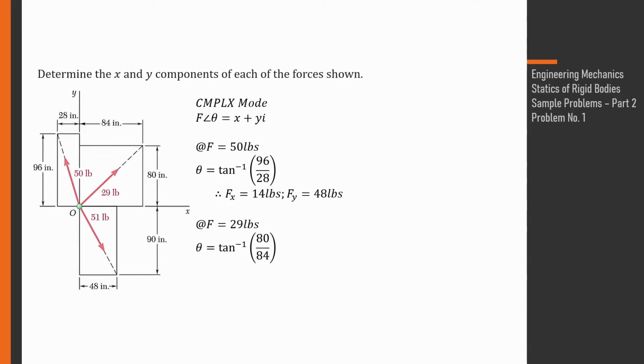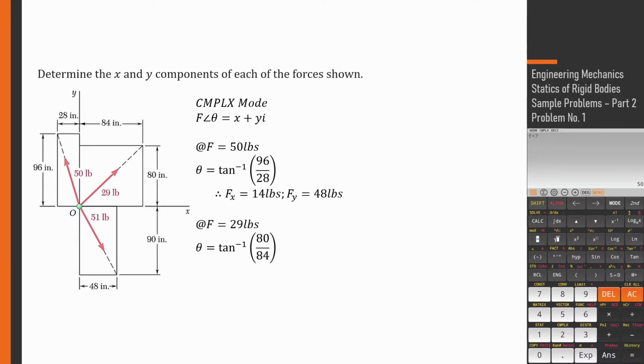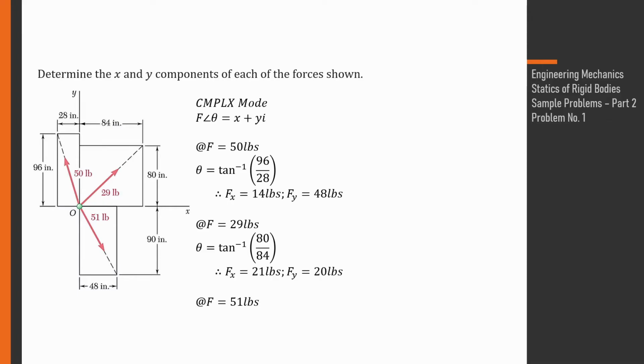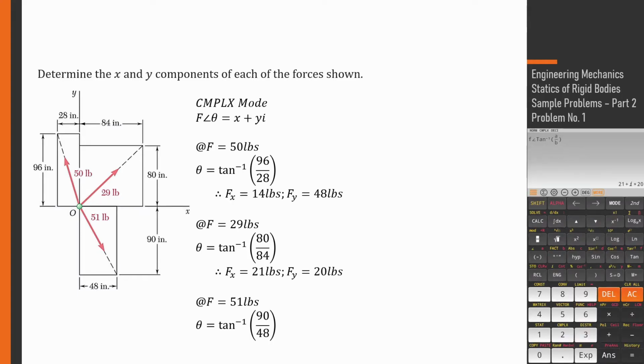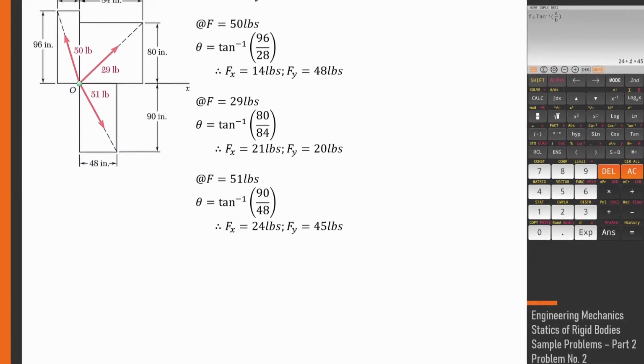So for the force with a 29-pound magnitude, F is equal to 29, a is equal to 80, b is equal to 84. So 21 and 20. So for the 51-pound force, F is equal to 51, a is equal to 90, b is equal to 48. So therefore, 24 and 45.